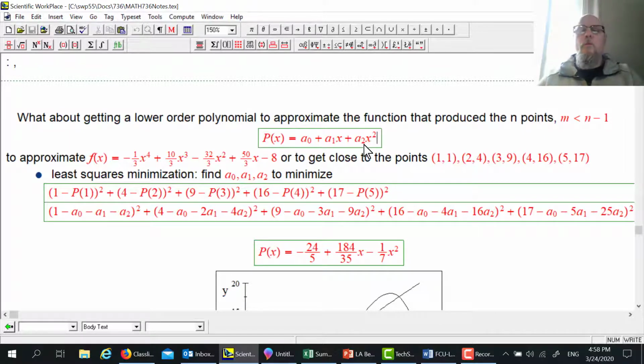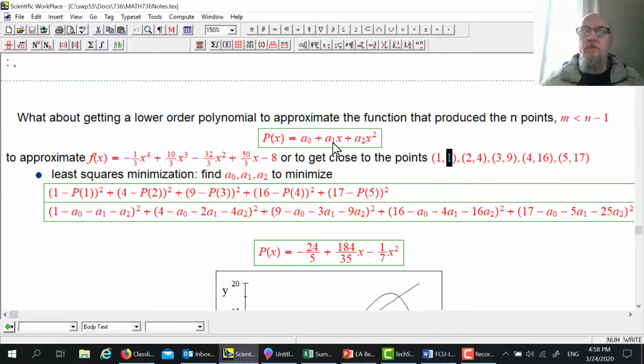There are a couple of ways to do this. One of the ways is we want this parabola to be as close to these points as possible, so we can do least squares minimization. When I put 1 in, I want 1 to come out. What do I get when I put 1 in this parabola?